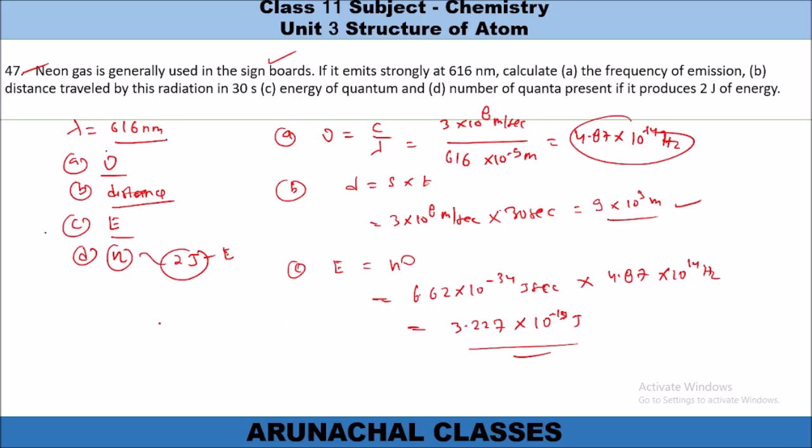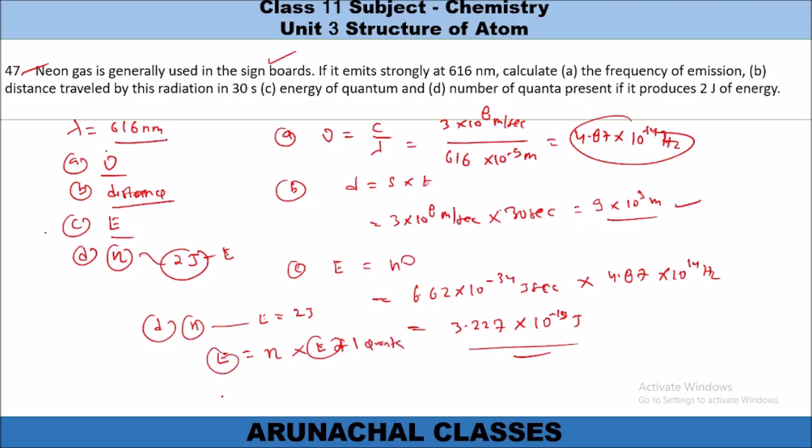Now comes the D part, that is the quanta, number of packets we have to find. So let there be n number of quanta when energy 2 joule is produced. So energy is equal to n number of quanta times the energy of one quanta.